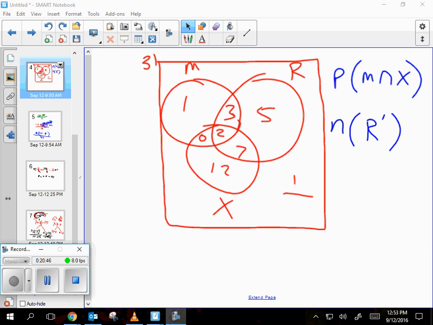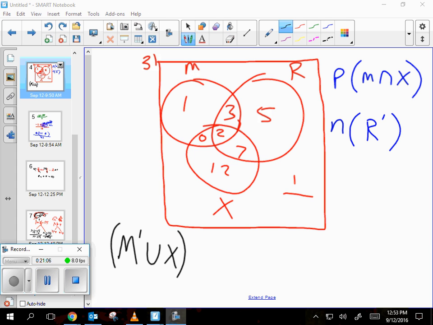Some kids are done already, so I'm going to show you the third part to the question. The third part to the question is to shade in, and this is where they get tricky, shade in not M union X intersected with R. And shade in the little areas that are your answer.